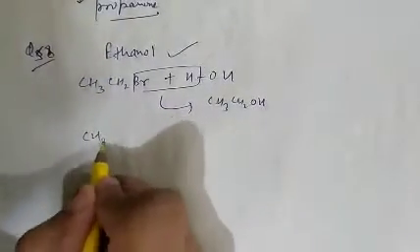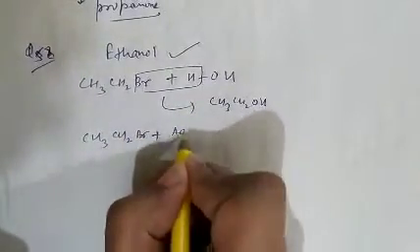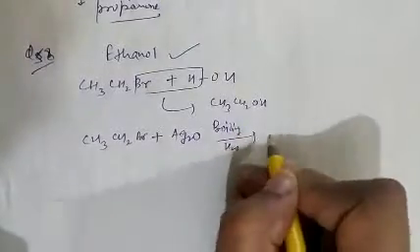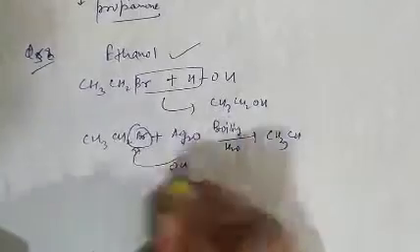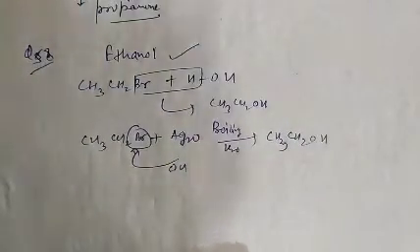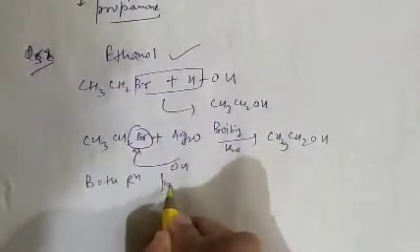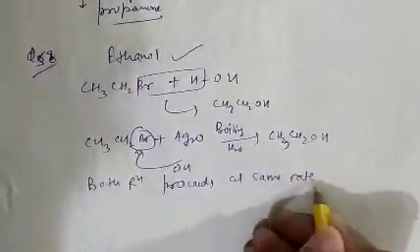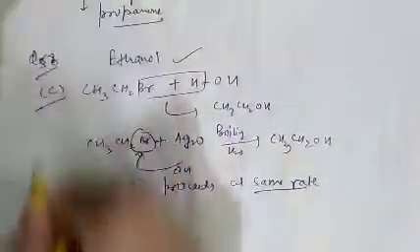Also it reacts with Ag2O in boiling water, so it also gives ethanol. Br will be replaced by OH, so CH3CH2OH will be formed. So both reactions proceed at the same rate. There is no difference in their rate. So question number 58, option C is correct.